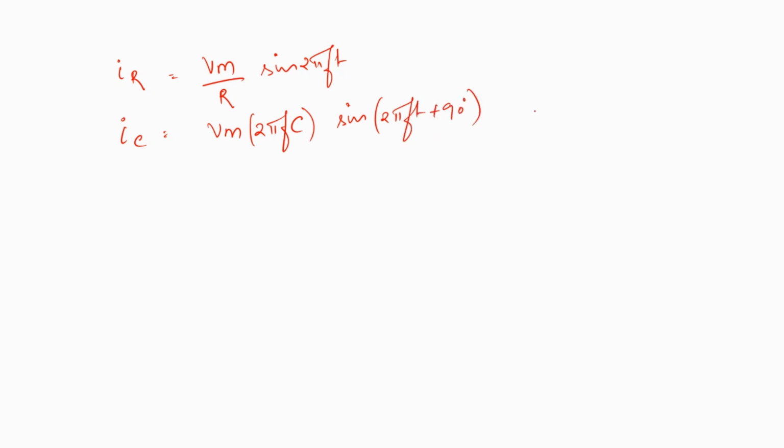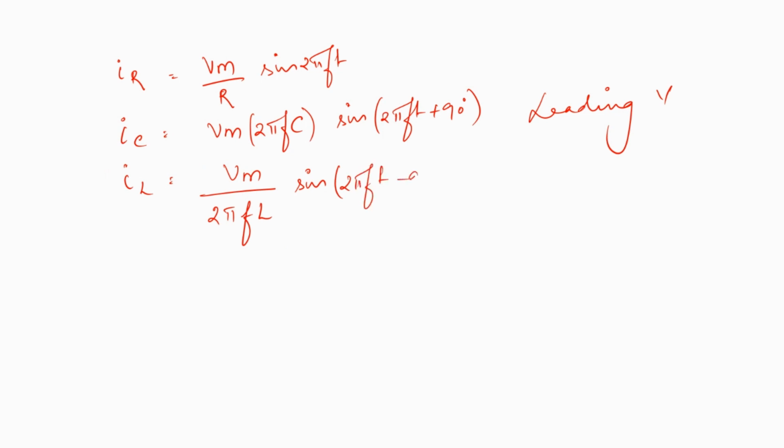So it is leading the voltage. Similarly, through the inductor, it is going to be Vm by 2 pi Fl sine of 2 pi ft minus 90. So the current is lagging the voltage by 90 degrees.